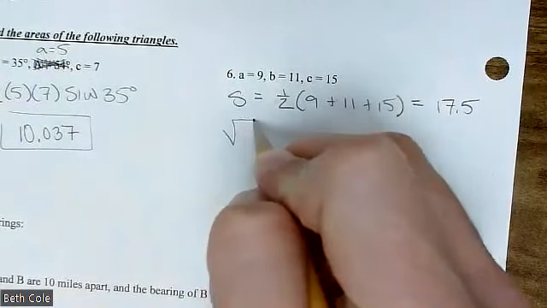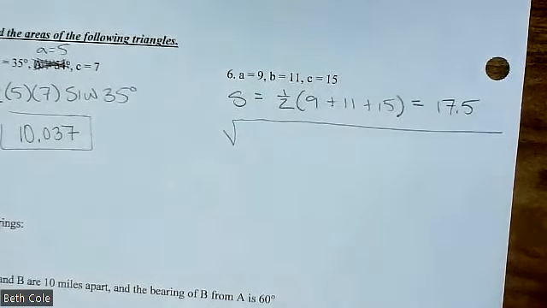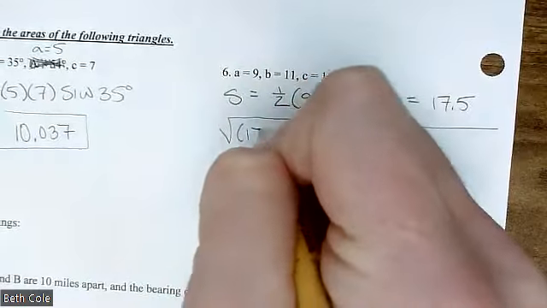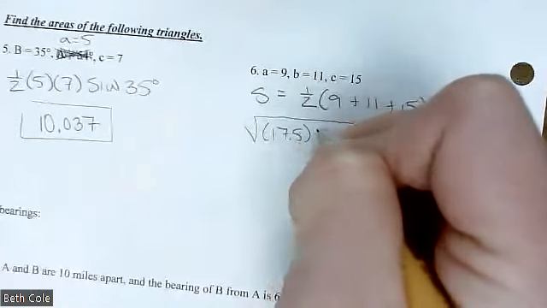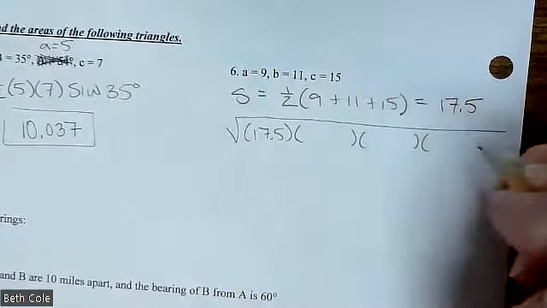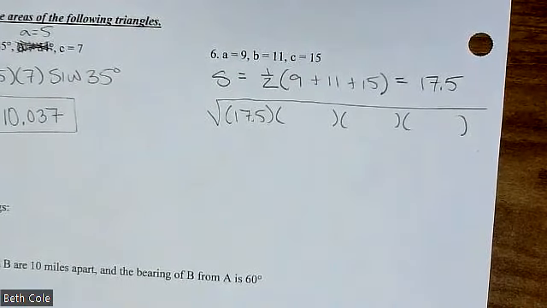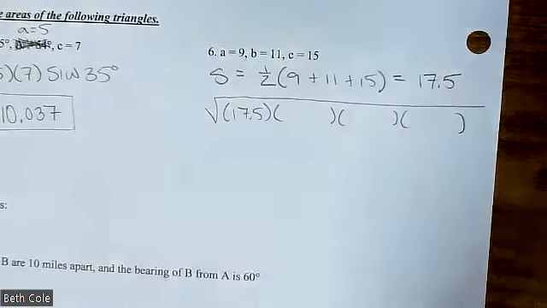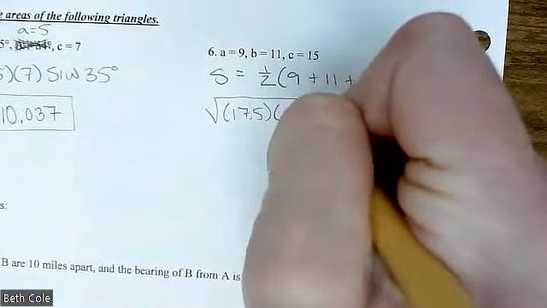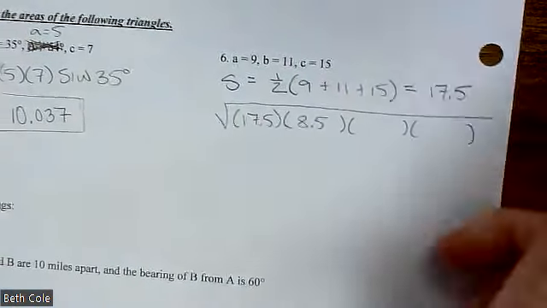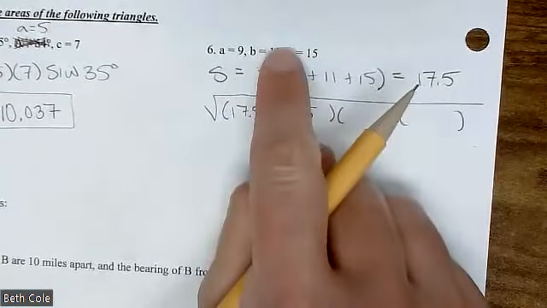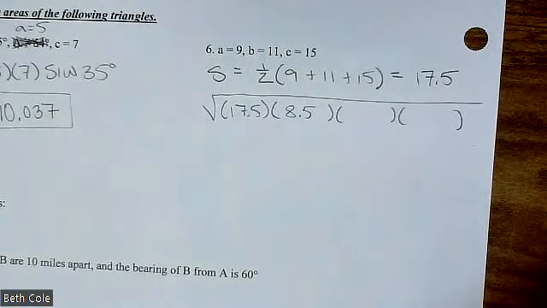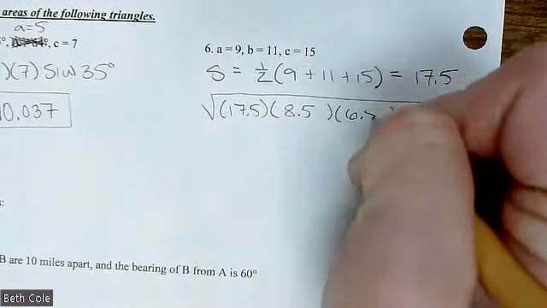And then your area, and this geeks me out. I can't believe this works. Your area is this great big square root, and you take that number. And then what I usually do is just draw 3 more blanks. You take that minus A, that minus B, that minus C. So 17.5 minus 9 would give you 8.5. 17.5 minus 11 gives you 6.5.